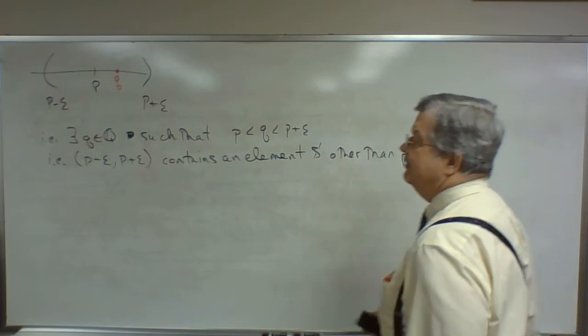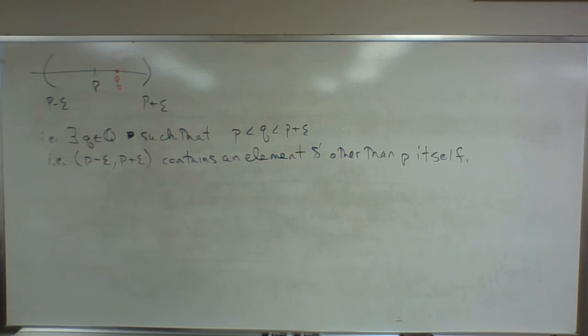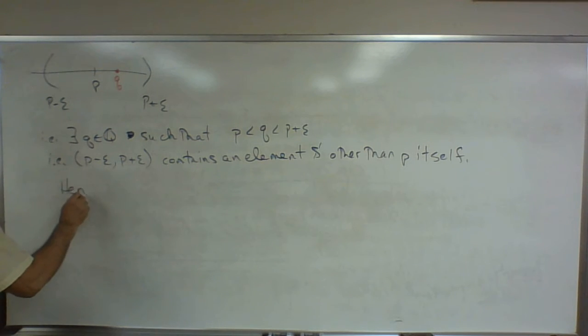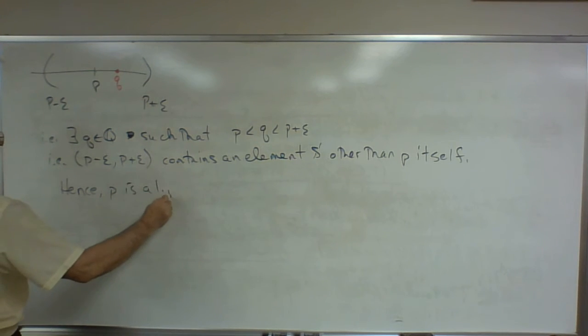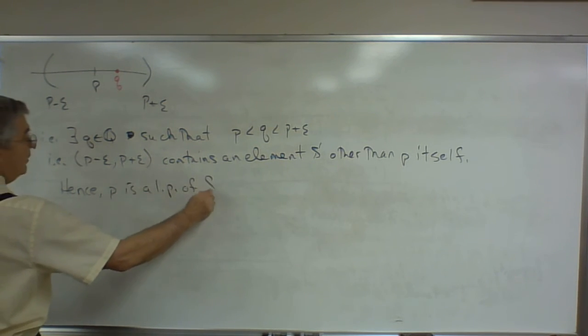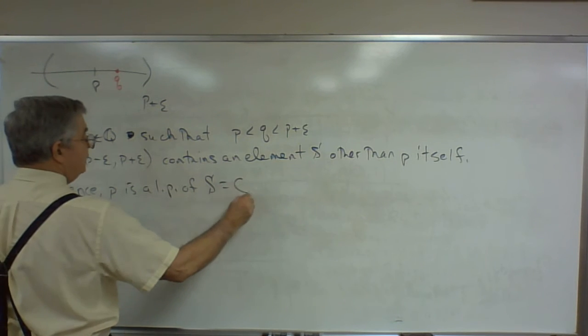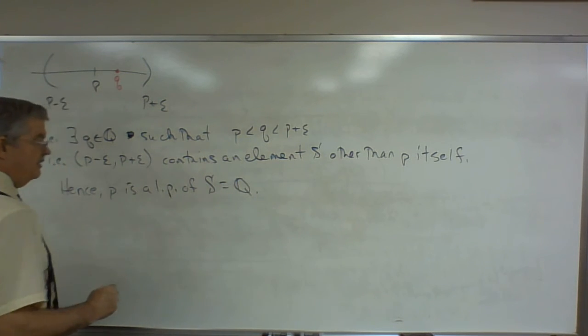Let me look at that and make sure it makes sense. So hence, P is a limit point of S, where S is the set of rational numbers.